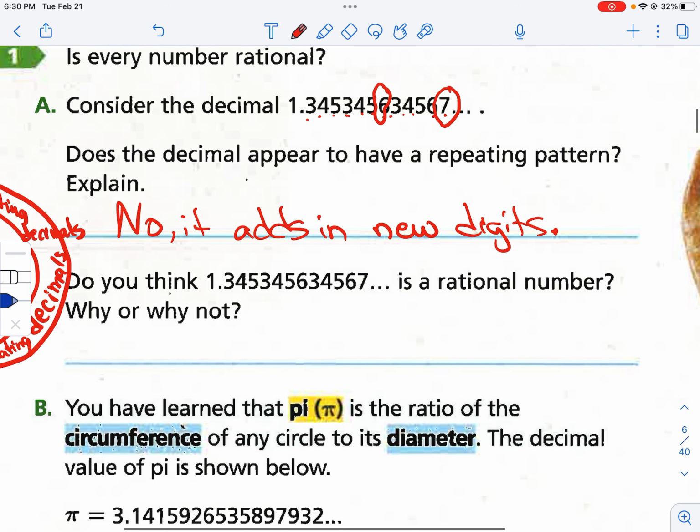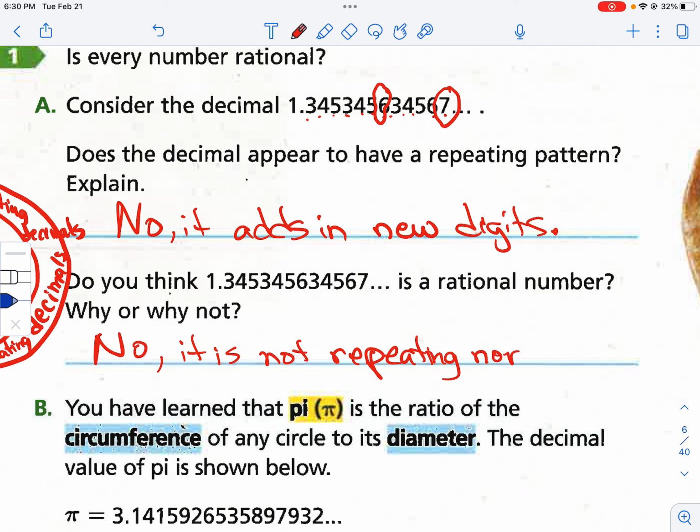Do you think 3, 4, 5, 3, 4, 5, 6, 3, 4, 5, 6, 7 is a rational number? No. It is not repeating nor terminating. Okay?